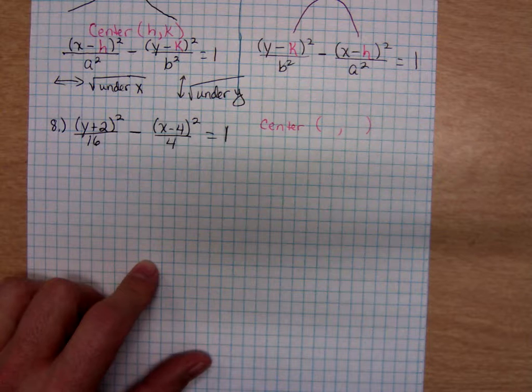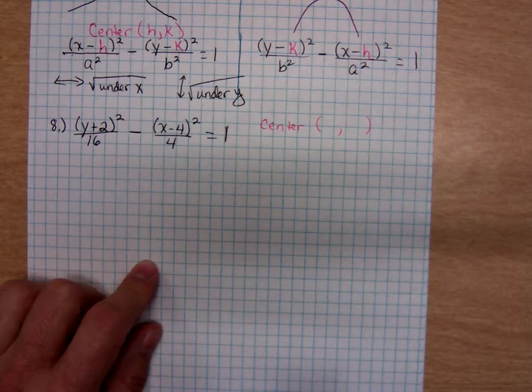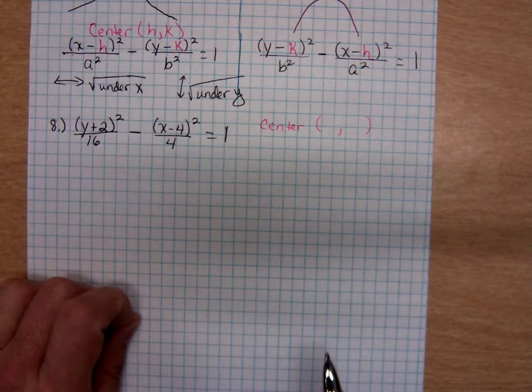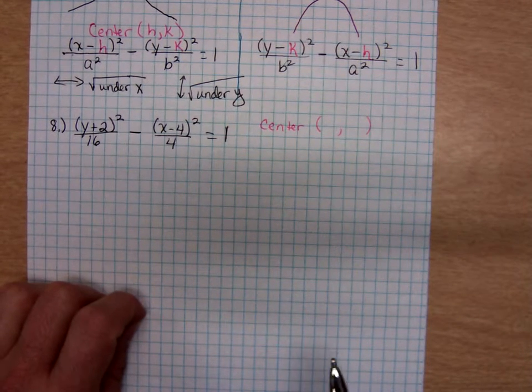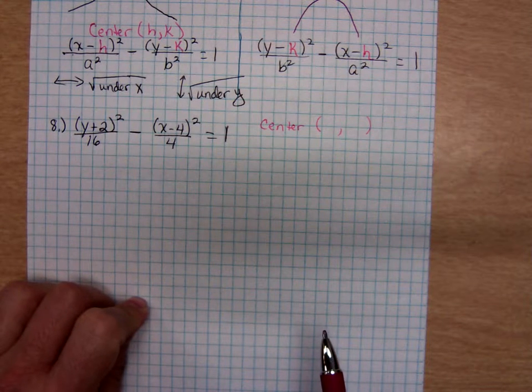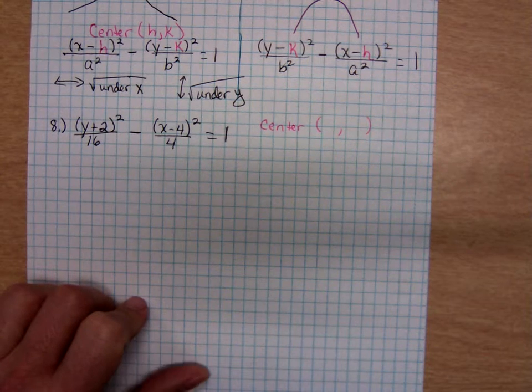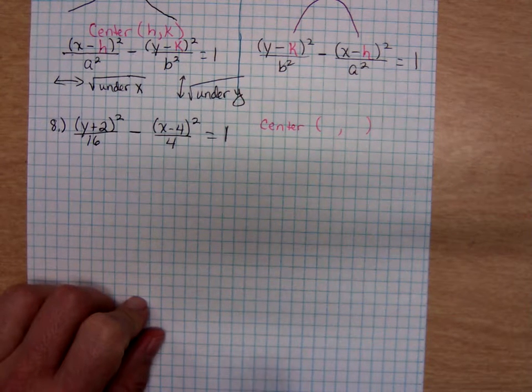To find the center, change the sign of the number in the parentheses with x, then change the sign of the number in the parentheses with y. Should I tell you what the center is going to be, or give you two choices? I'll give you two choices. Is the center going to be (-2, 4) or (4, -2)?